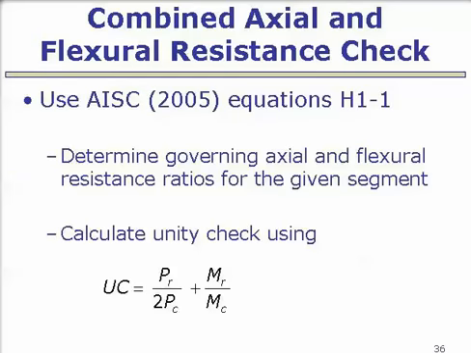Okay, so I'll describe how we put this together in terms of the beam-column checks. Equations H1-1 are applicable. We could talk for a while about why they are, but we won't. We'll determine the governing axial and flexural strength ratios for each segment of the member, and the unity check here is labeled UC.